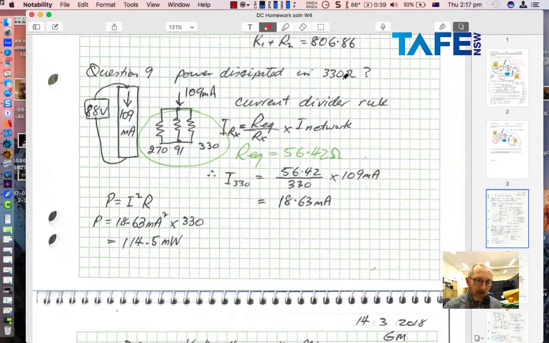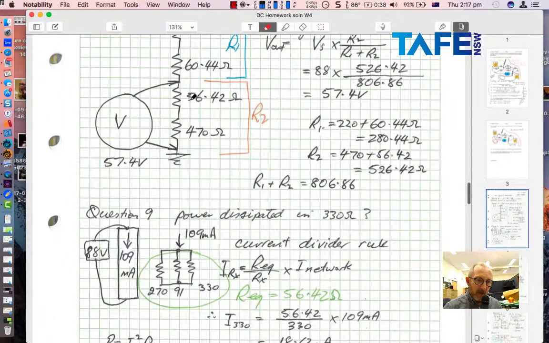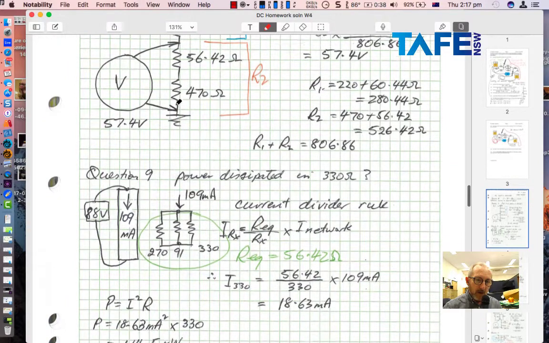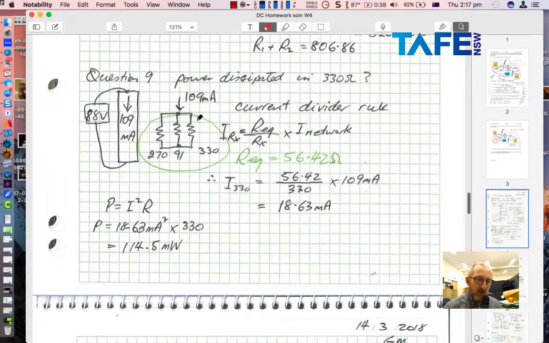And then because it's asking me about the 330 ohm resistor, I've only mapped this part of that block. And remember, this 56.42 ohm is actually the REQ of this. You can see it again there, 56.42.